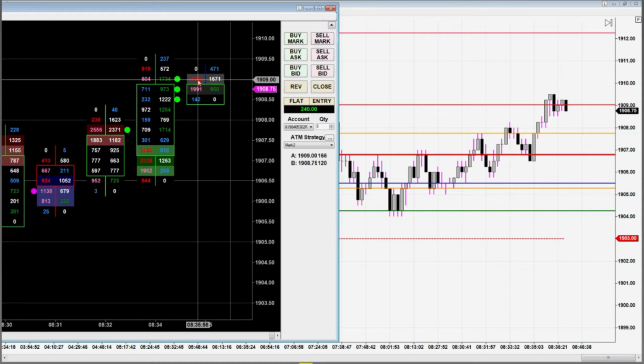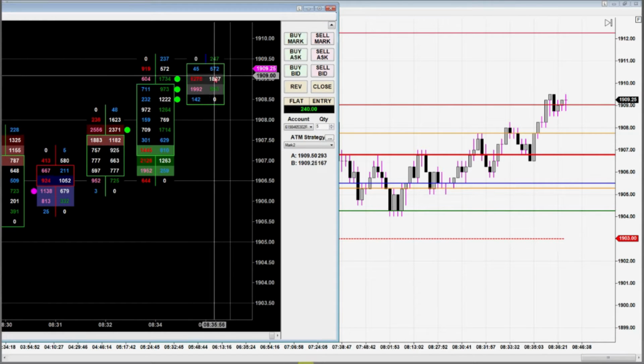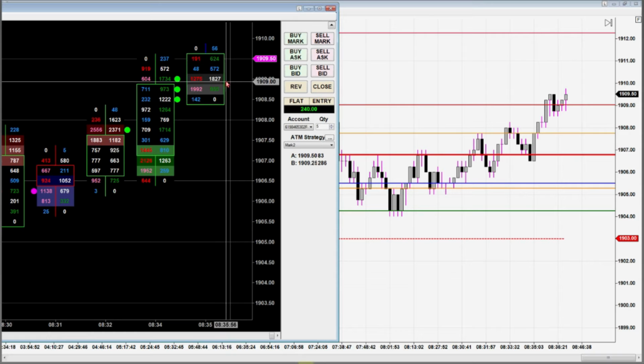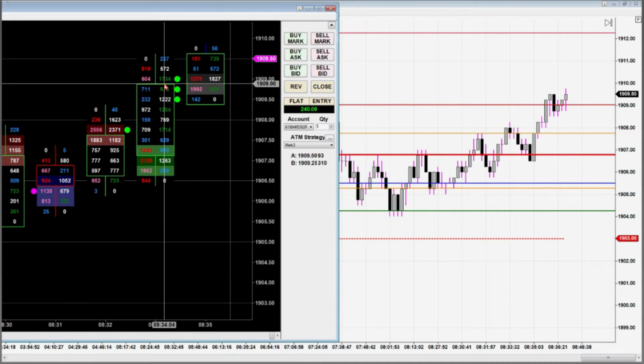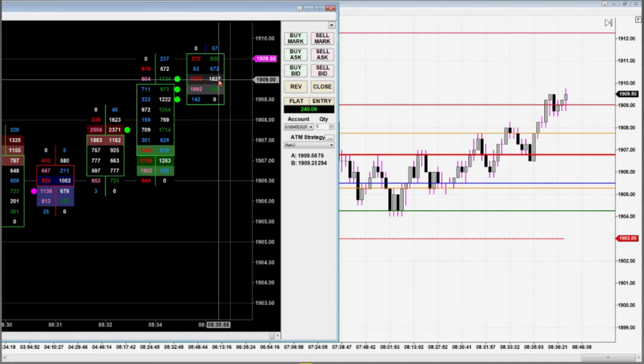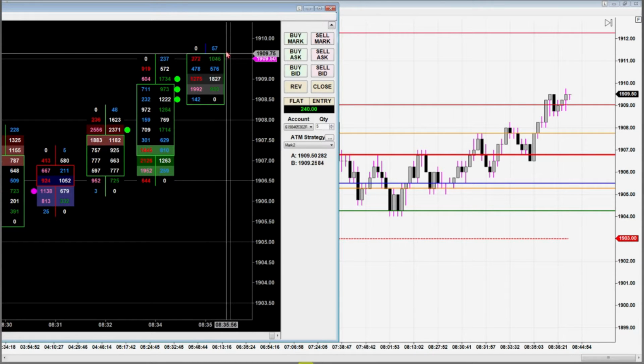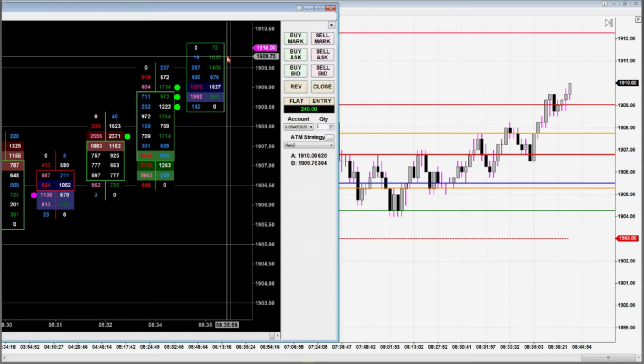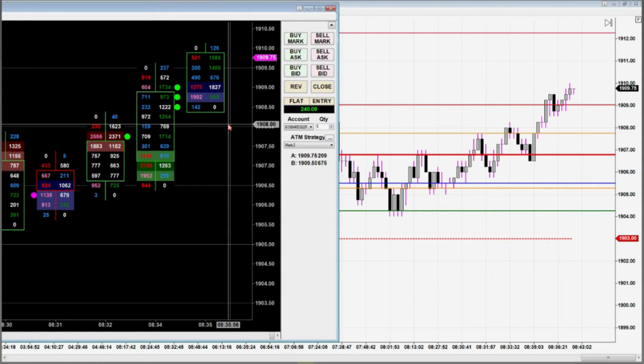So this would be a scenario where this trade would be higher risk right now for a short because of the additional strength at the offer here. And this is what I mean by potential volatility here. See if this pops back down.